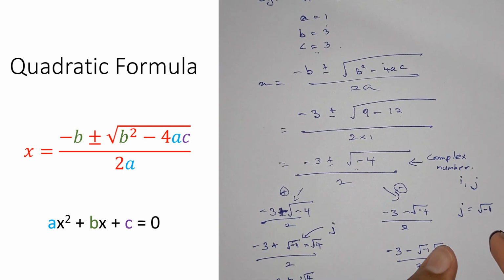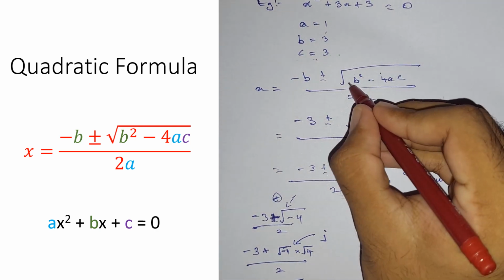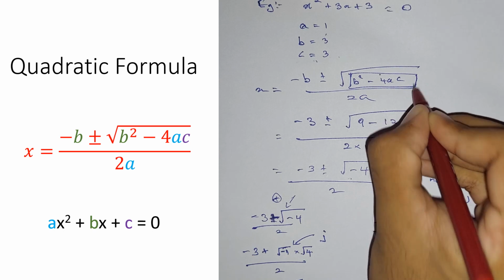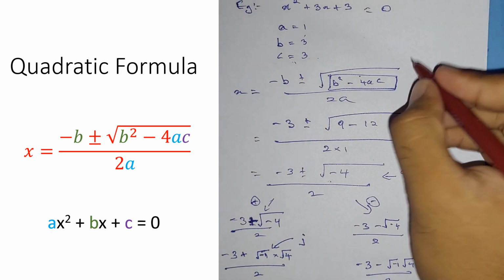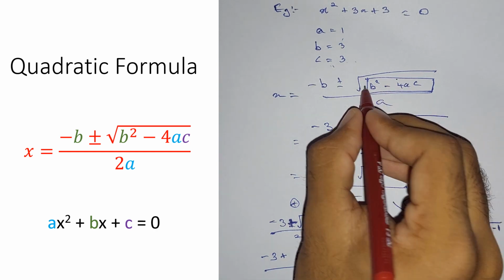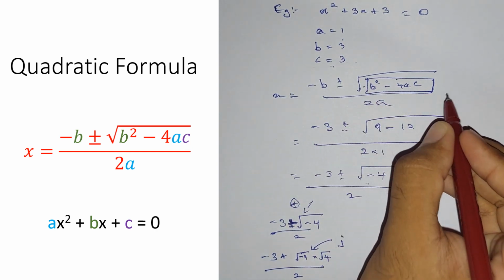So there's a simple method by using this value here, b squared minus 4ac. This thing is called the discriminant.